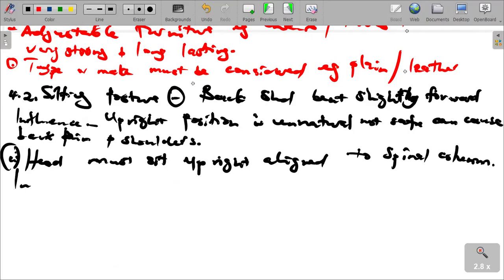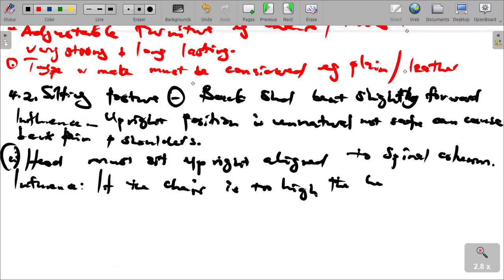Influence: if the chair is too high, the head will be bent, and this may cause what?